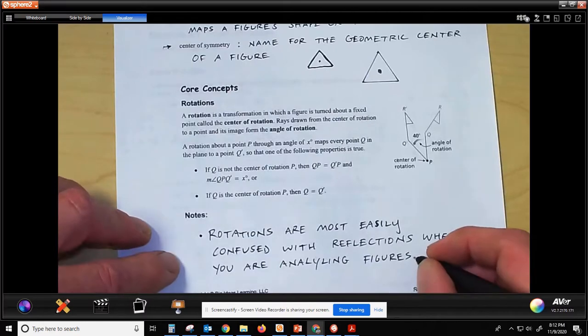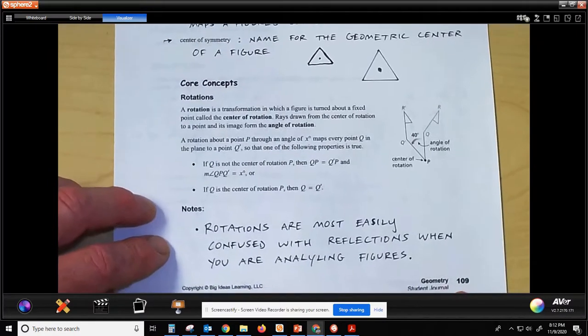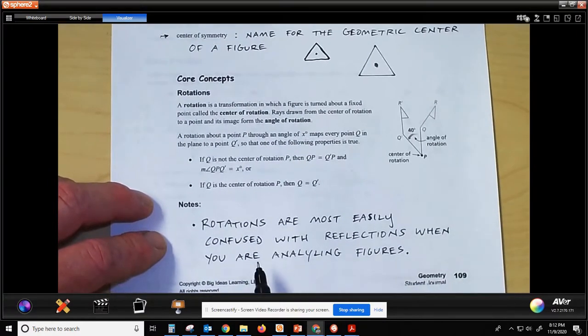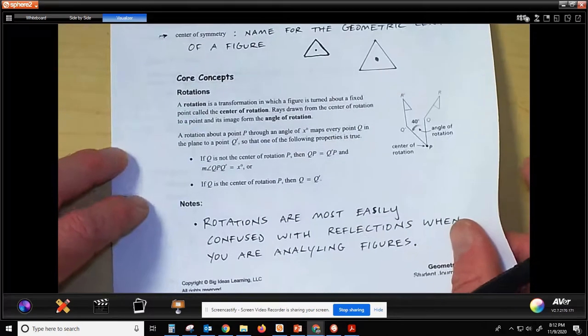So when you look at assignments, reviews, you might have to pick out what transformation has happened between a pre-image and an image. And rotations and reflections are the ones that get confused. And I hope to show you an example of that a little later.